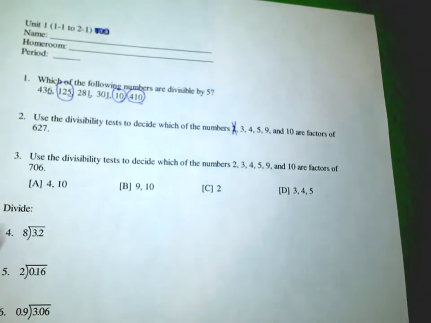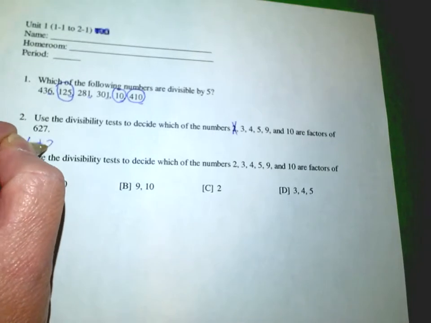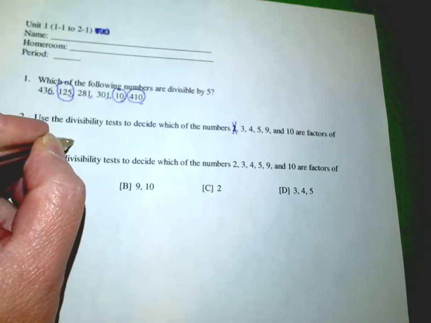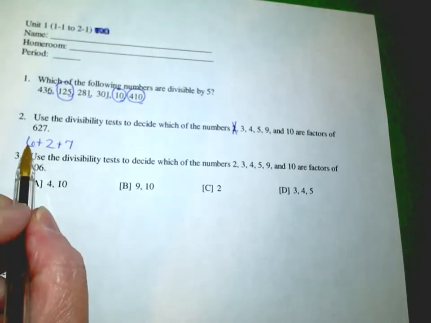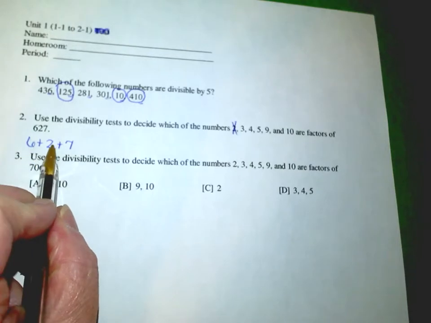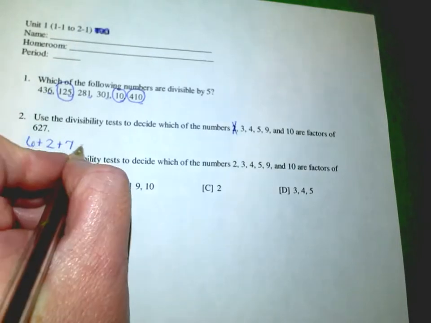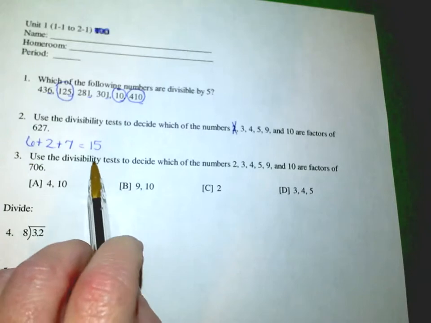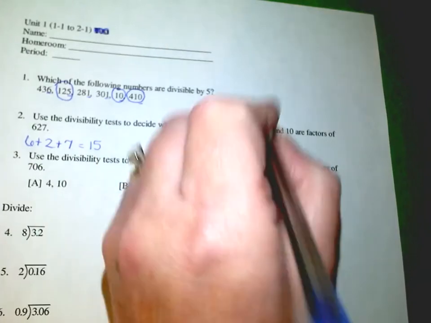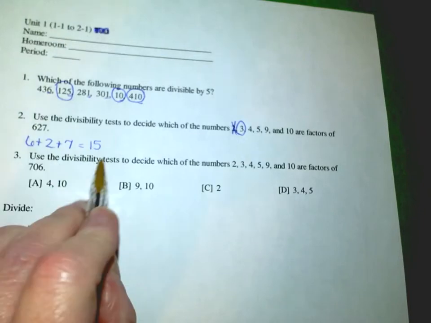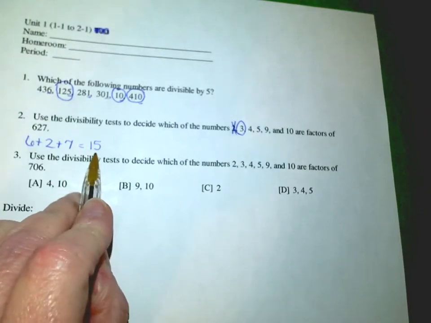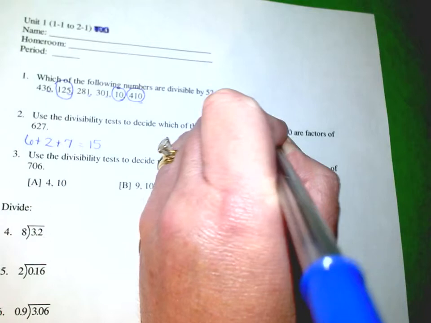For 3 and 9, if the sum of the digits is divisible by 3 or 9, then the whole number is divisible by 3 or 9. So we add up the digits: 6, 2, 7. 6 plus 2 is 8, 8 plus 7 is 15. Does 3 go into 15? Yes. So 3 will also go into 627. Does 9 go into 15 evenly? No. So 9 is out.